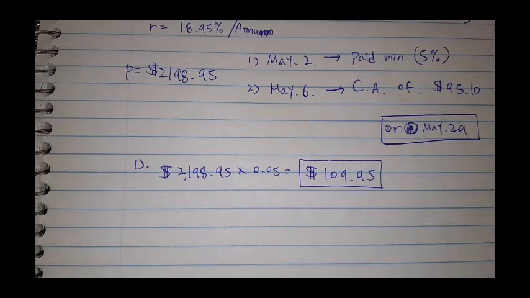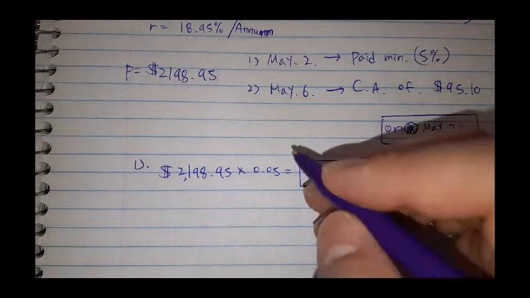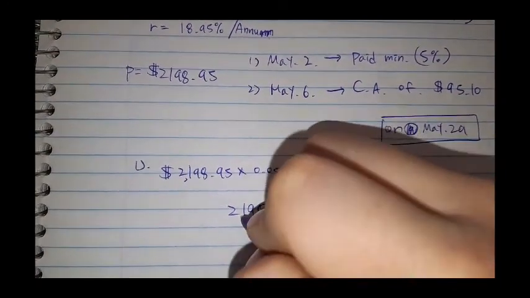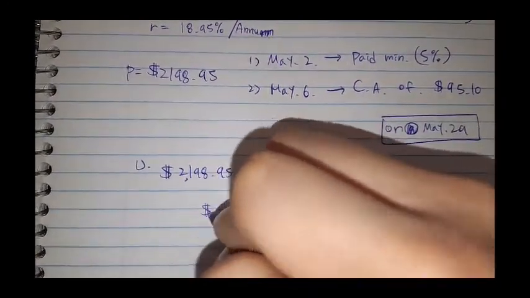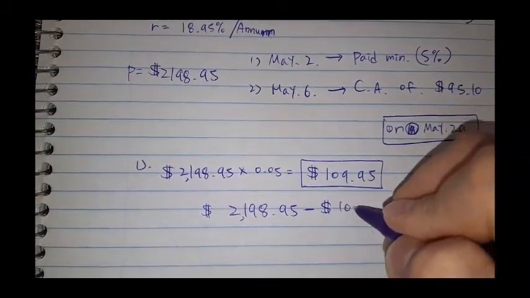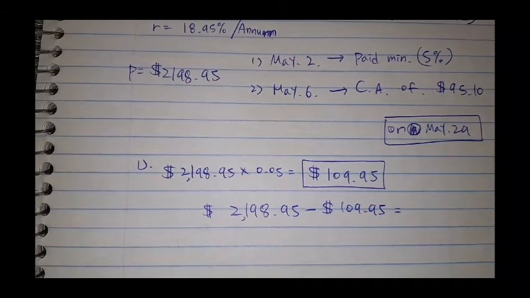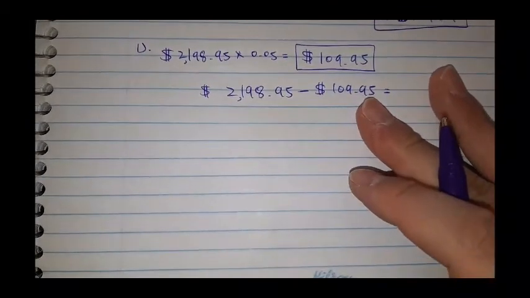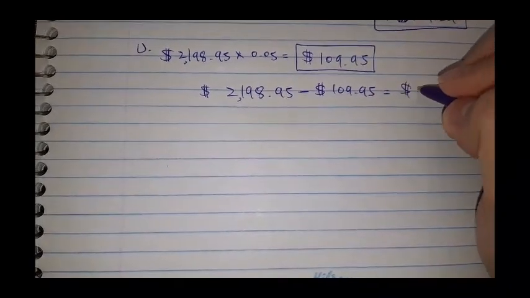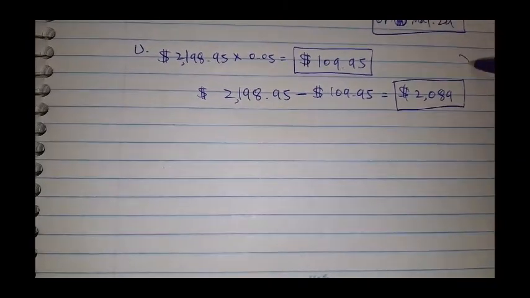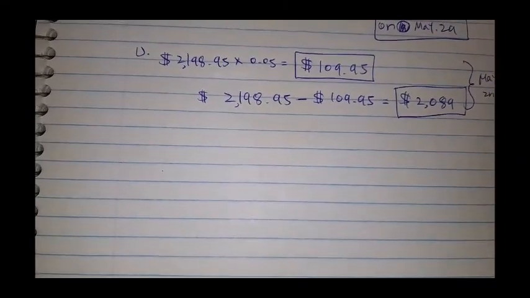Now, if we calculate the unpaid balance, it is 2,198.95 minus what we just found, 109.95, and then we have $2,089. That is May 2nd.